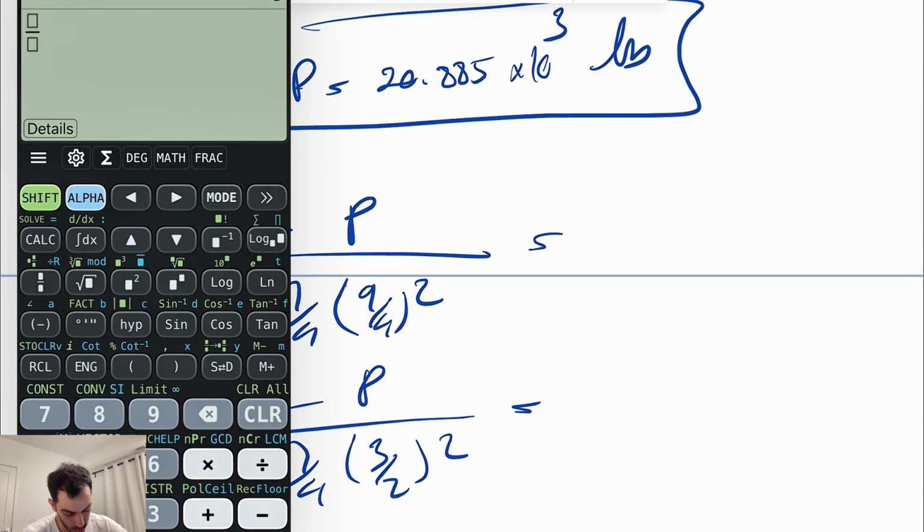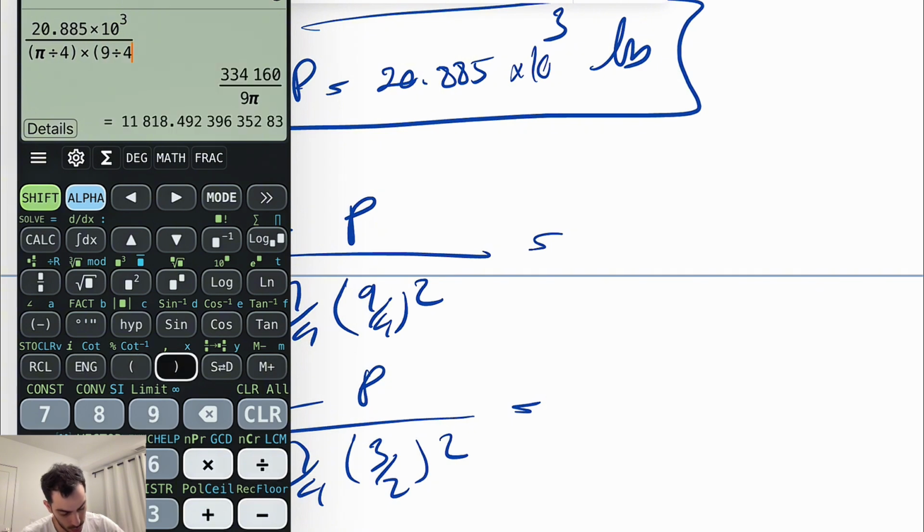So basically 2.885 times 10 to the 3 over pi divided by 4 times 9 over 4 squared.